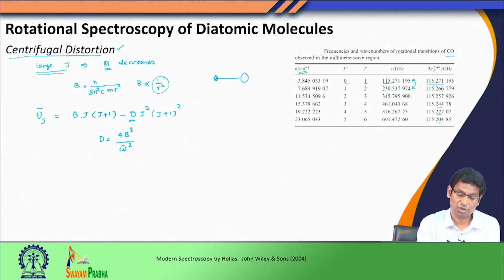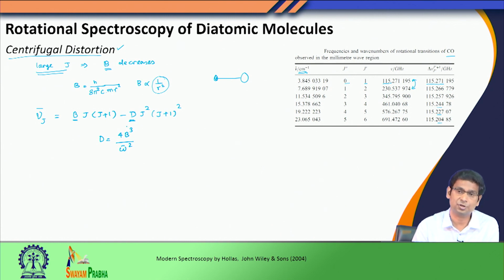B is the rotational constant within rigid rotor approximation, and omega is the vibrational frequency of that particular bond within harmonic approximation. So, you can see omega, which is the vibrational frequency, goes let us say in the order of a few hundred to few thousand wave numbers. On the other hand, B is often a few wave numbers, 1 to 5 centimeter inverse. So, therefore, this value of D is going to be very small.